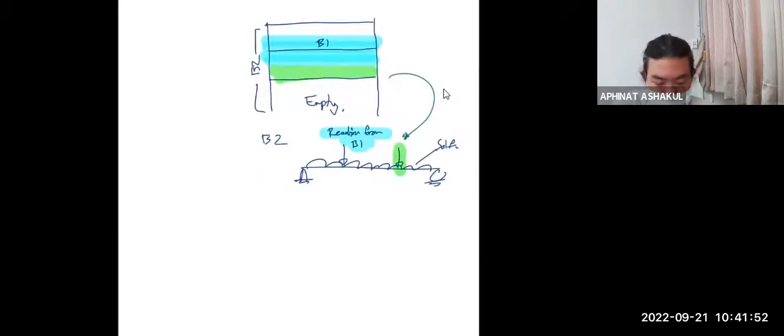And okay, maybe I should mark the columns a little bit. So I don't know. Some of you fail to recognize the empty space here.